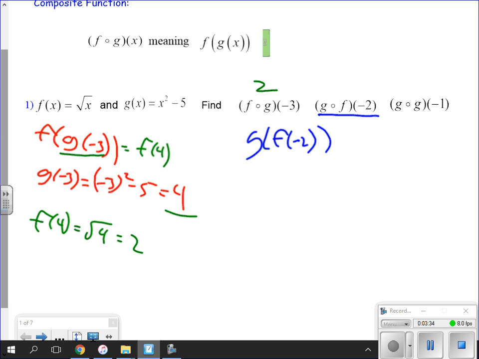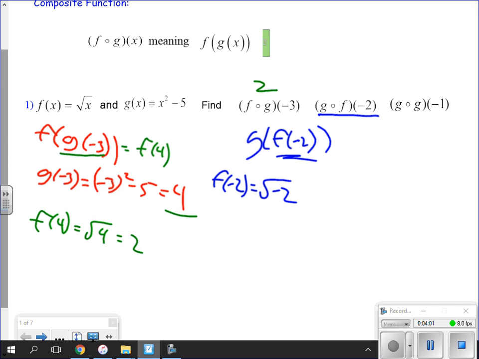g of f of negative 2. So what do I need to find first? f of negative 2. So f is the square root of x. So f of negative 2 is the square root of negative 2. What is the square root of negative 2? Trick question.